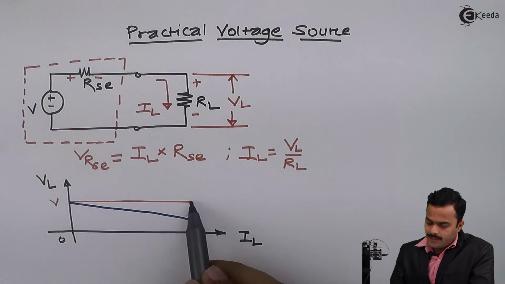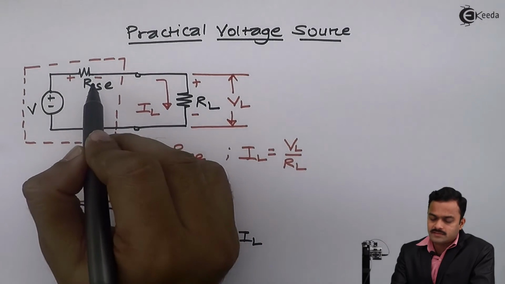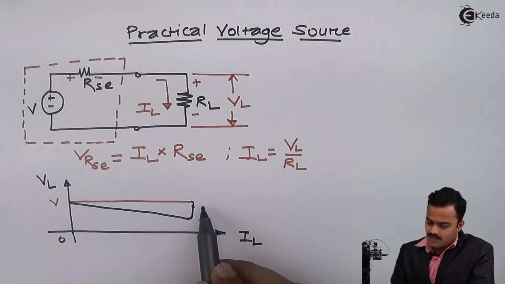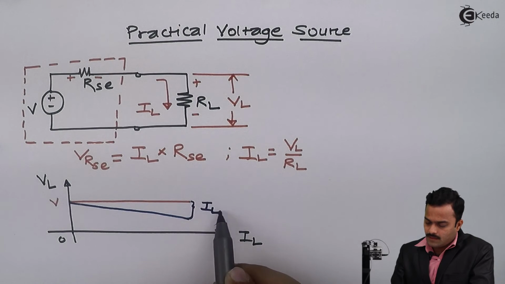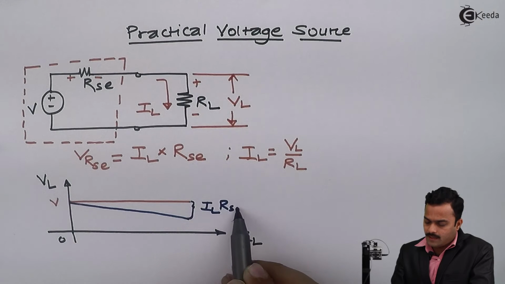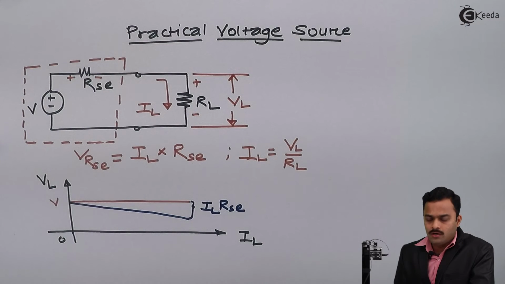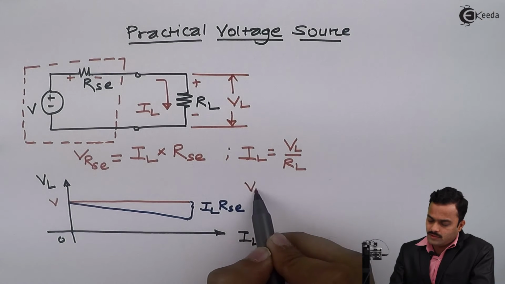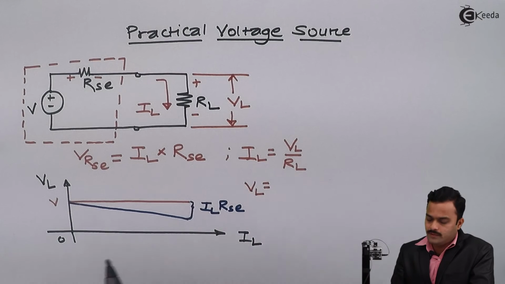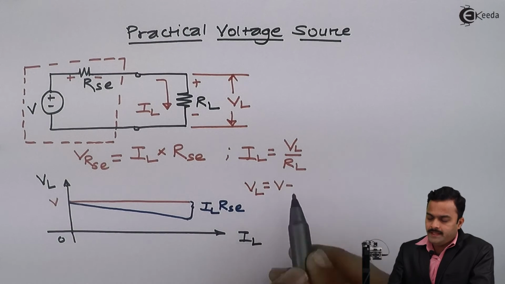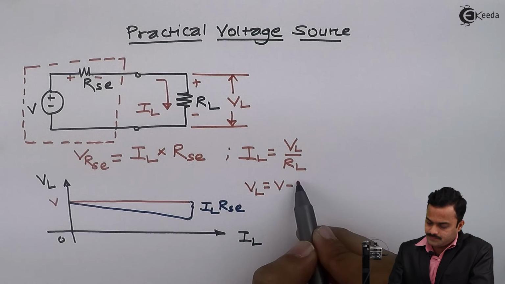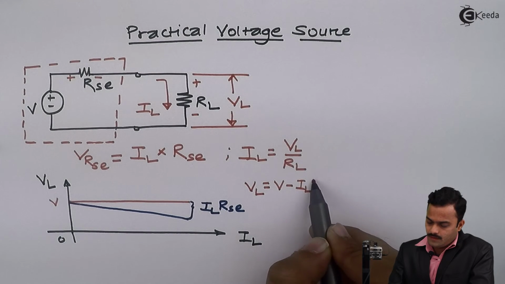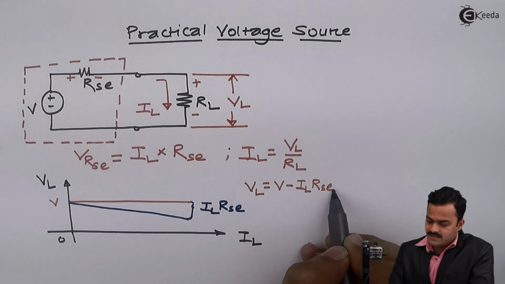meaning depending upon the value of this RSC, I will have a drop IL multiplied by RSC. So suppose I were to write a simple equation, I can say the voltage across the load resistor will be equal to V minus IL RSC.